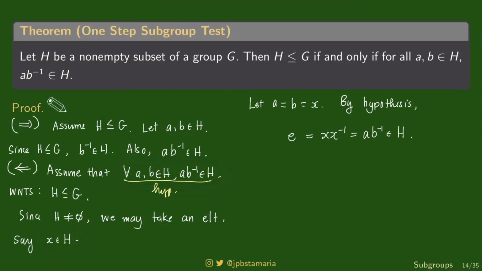I let A and B be both equal to X. Then apply the hypothesis on A and B. Naintindihan ninyo? Sometimes you have to think backwards na in order to prove whatever you want to prove. Now that H now has the identity, anong susunod?